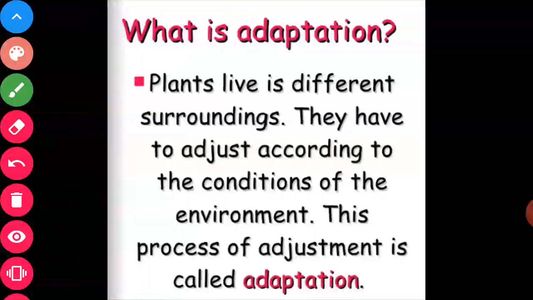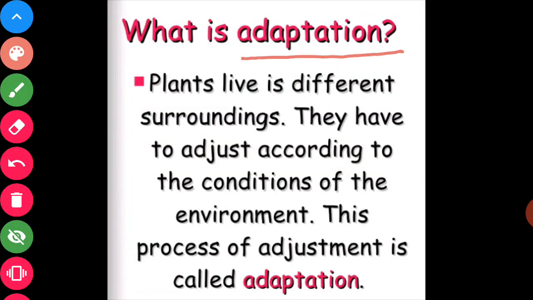Thus, we can say that any change in the structure, behavior, or activities of the organism to survive in a particular habitat is called adaptation. What is adaptation? It is a change in the structure, behavior, or activities of the organism to survive in a particular habitat.